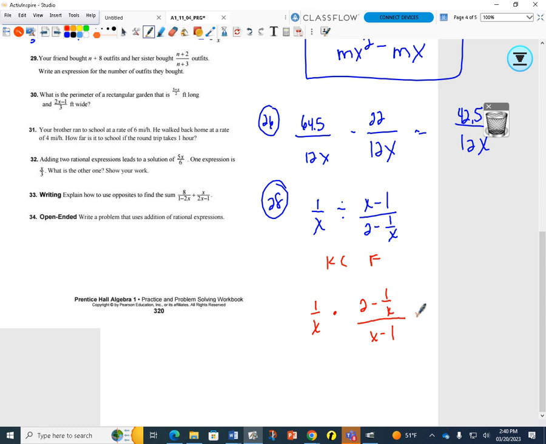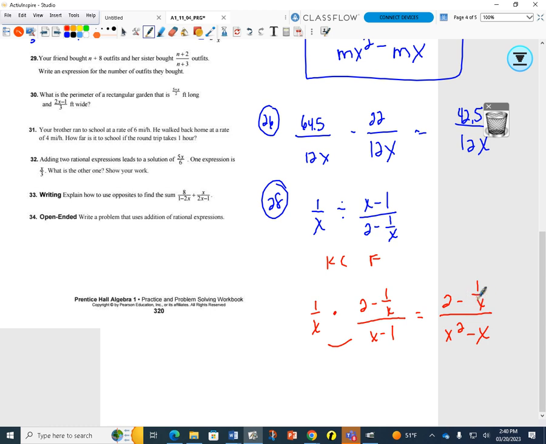I think we're going to start out with top times top, 2 minus 1 over x, all over bottom times bottom, x squared minus x. Now I want to get this so I can combine it. 2 minus 1 over x, I need to be able to combine that.